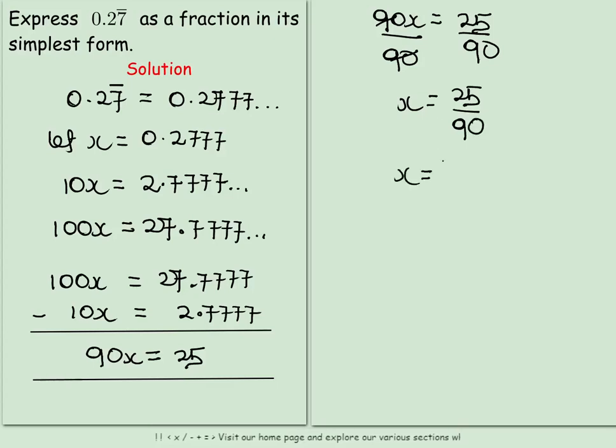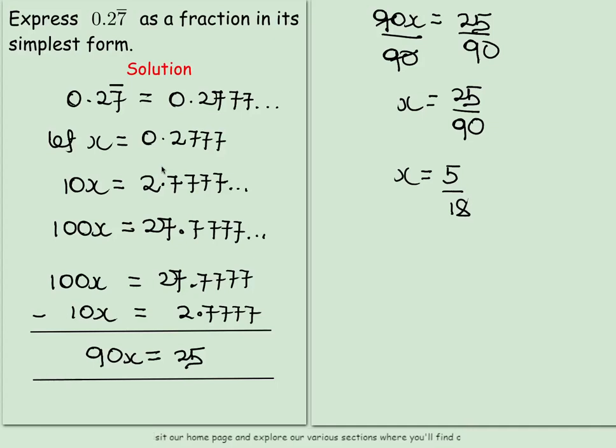So 5 divides 25 to give us 5. Then into 90, we have 18. And hence, this here is our fraction representation of 0.2777, where the 7 is the recurring one. So this is basically how we can change recurring decimals towards their fraction form.